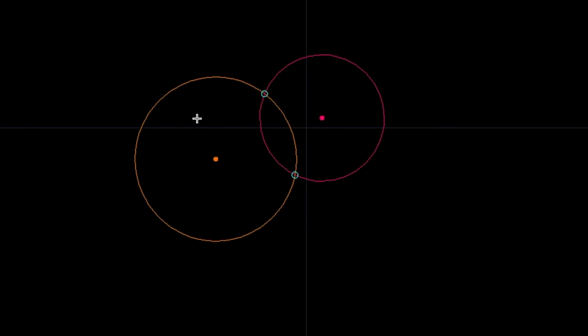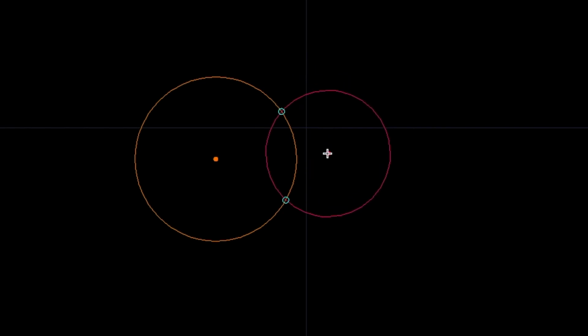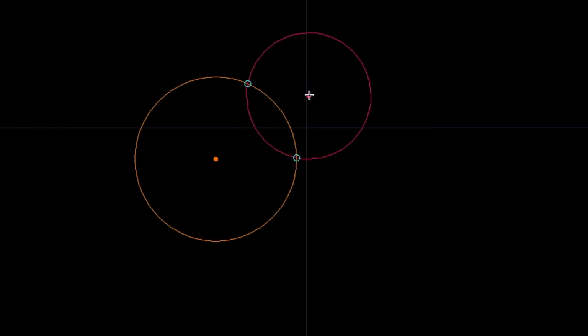You're given this distance in pixels, which is the radius of the orange circle. You're given the same information for the red circle, so its center location is two numbers and its radius is a third number. So your inputs are 6 numbers altogether. And what you have to do in terms of number crunching is to turn those 6 numbers into 4 numbers, which are the x and y pixel coordinates of this point here and of this point here, the second intersection point.